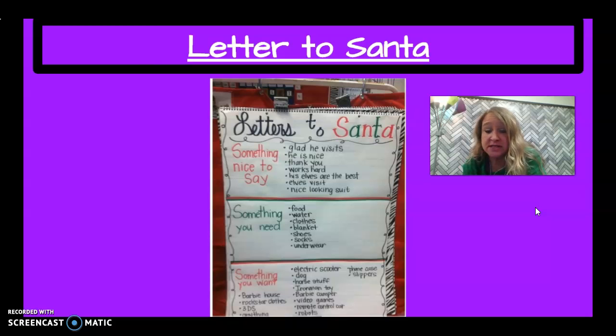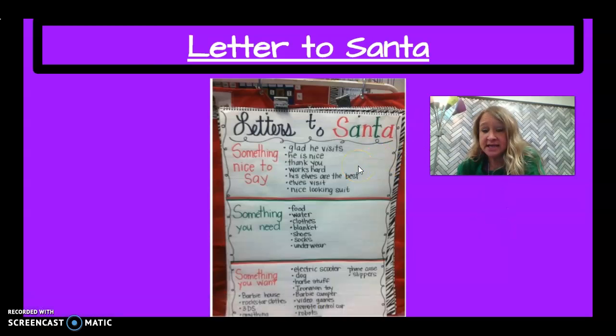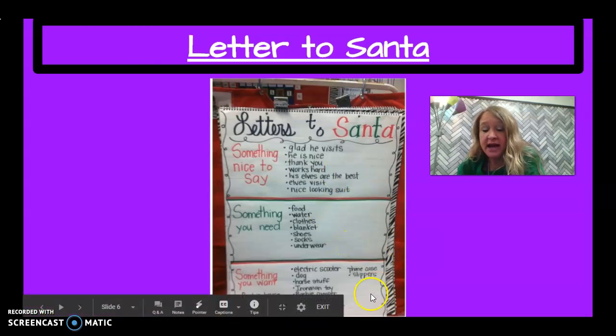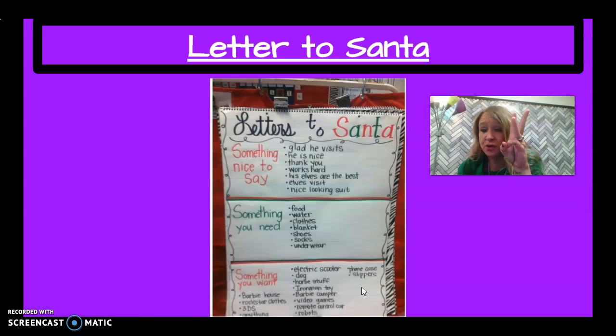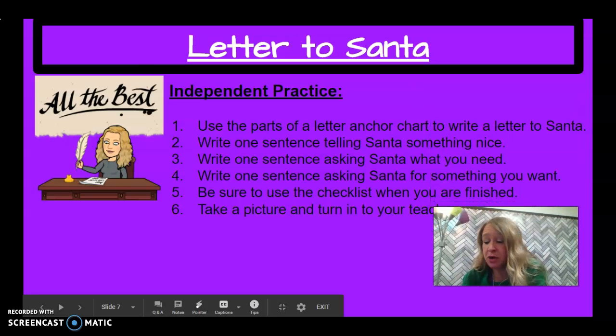Okay, all of those things are something that you want. So you can pick something from this list or something that you thought of on your very own, something nice to say to Santa or whoever you're writing to, something you need, and then something you want. So that's how many sentences? 3. 3 sentences.